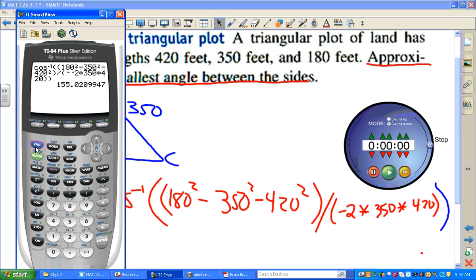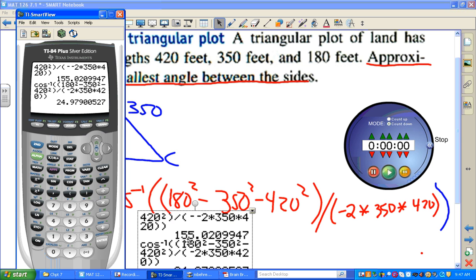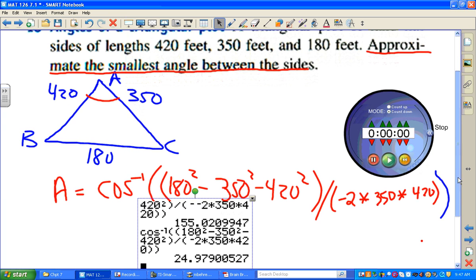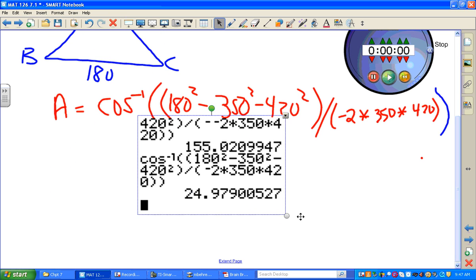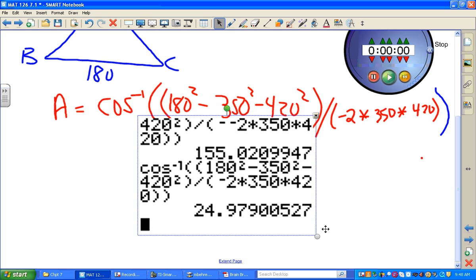Oh, I got two negatives. There you go. Delete. There we go. 24.5. Oh, 25. Yeah, 180. Hold up. 180 squared minus 350 squared minus 420 squared? 25 degrees.